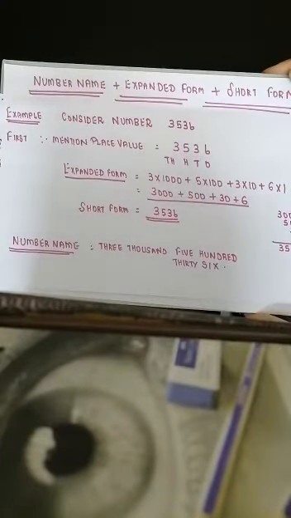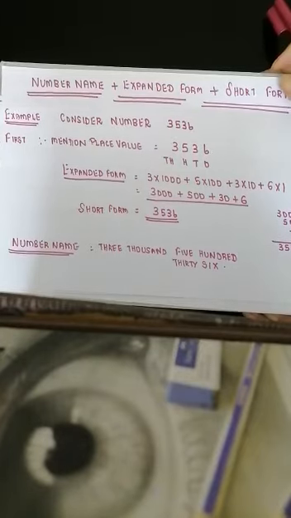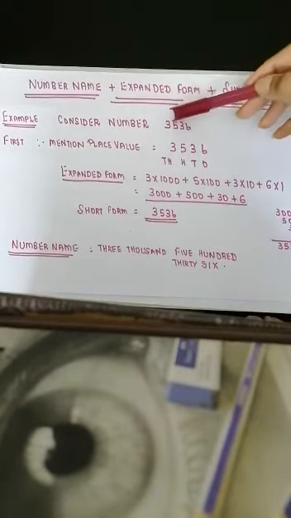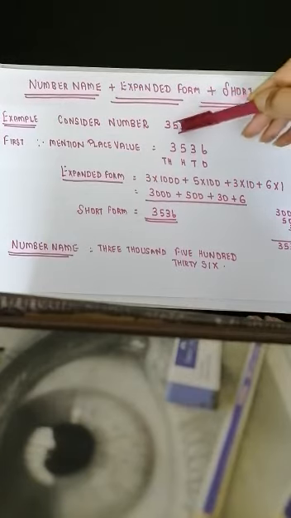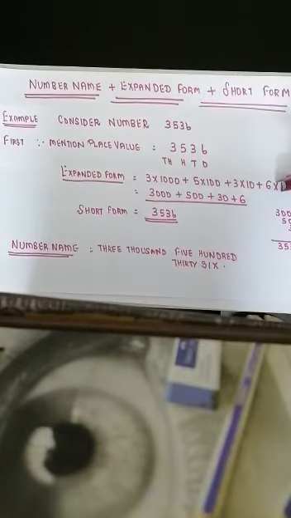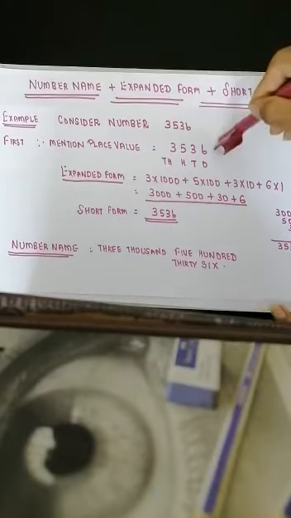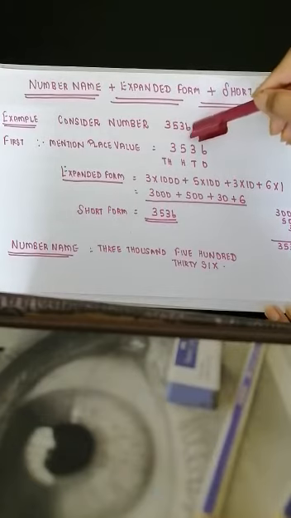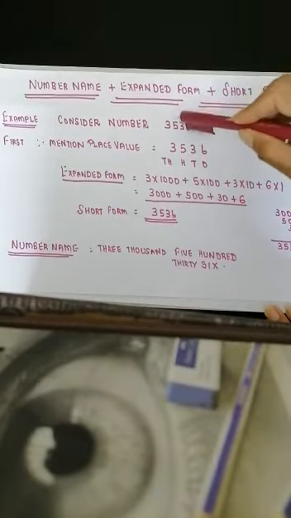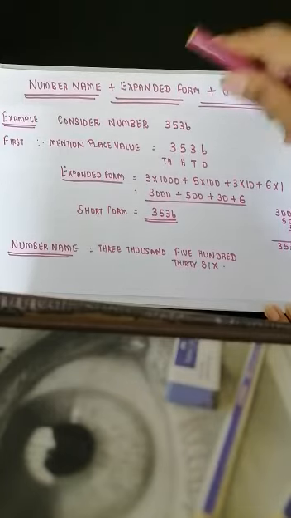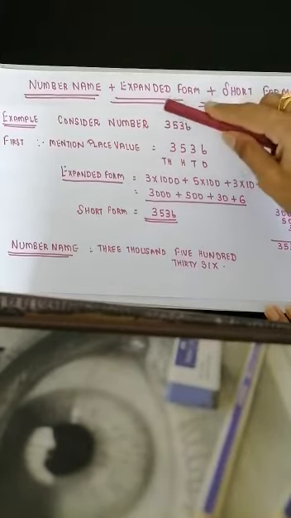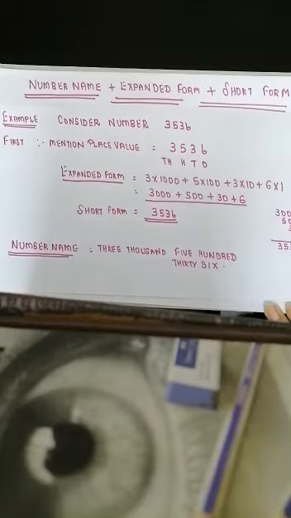From the number, we can see the number name, the expanded form and the short form. Consider the number 3,536. We mention the place value first. 6 in the ones place, 3 in the tens place, 5 in the 100 place, 3 in the thousands place.